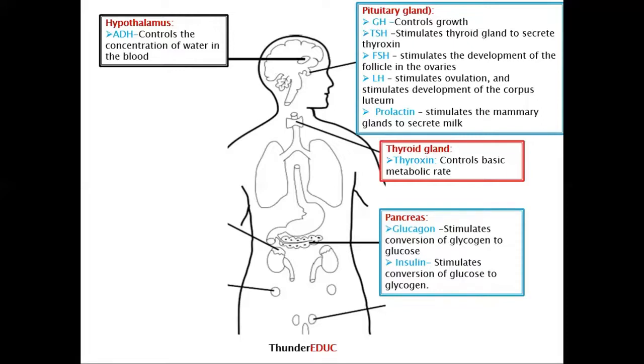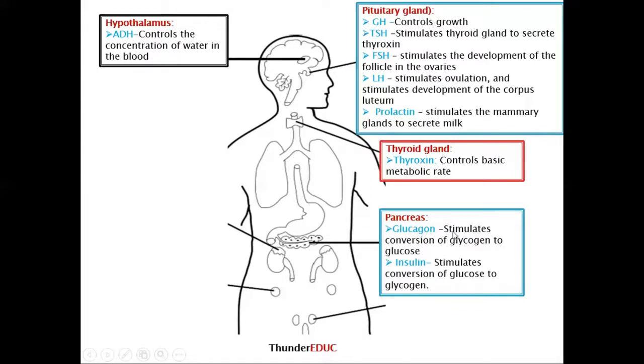So students tend to make this mistake: that glucagon converts glycogen to glucose and insulin converts glucose to glycogen. That is very wrong. It's not glucagon converting. It is not insulin converting. No, it's the liver.